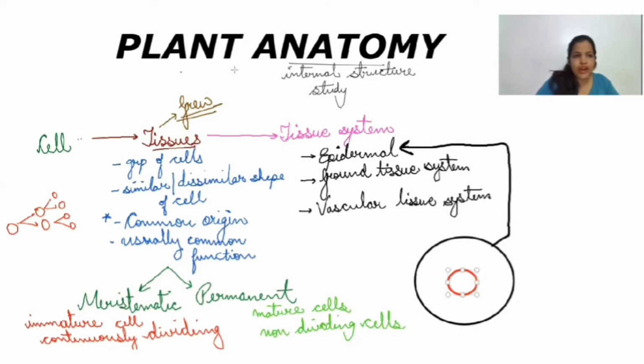This innermost one is the vascular tissue system. And the tissue system present between the epidermal tissue system and the vascular tissue system is known as the ground tissue system.